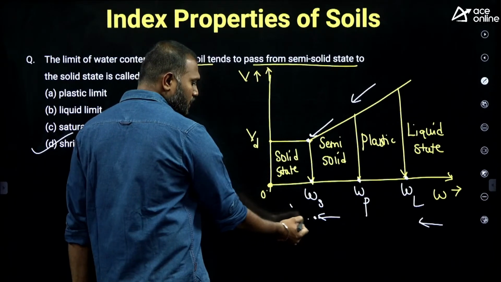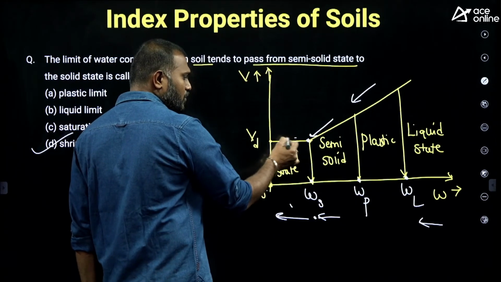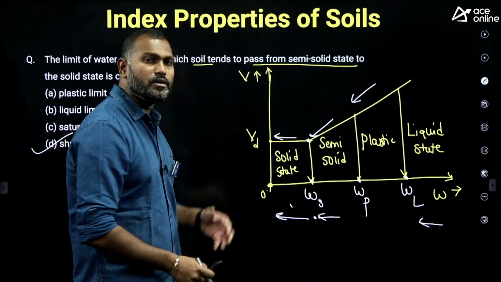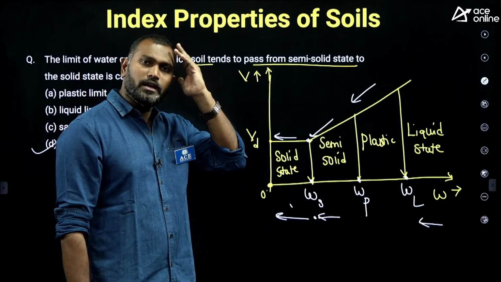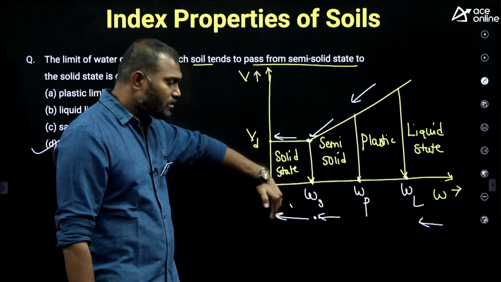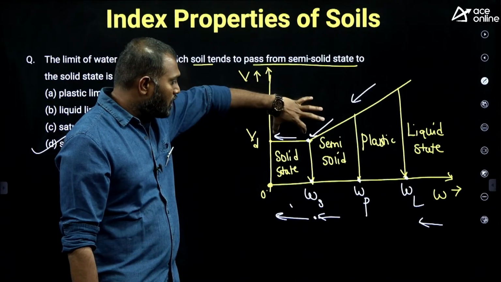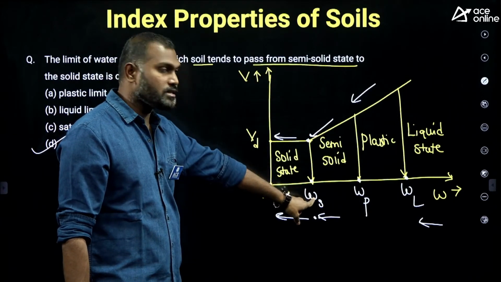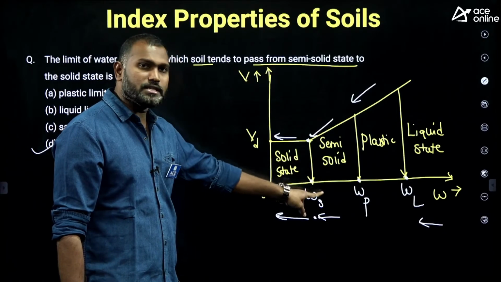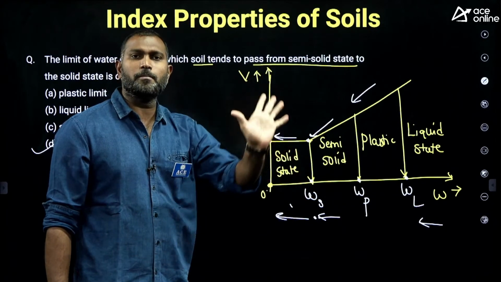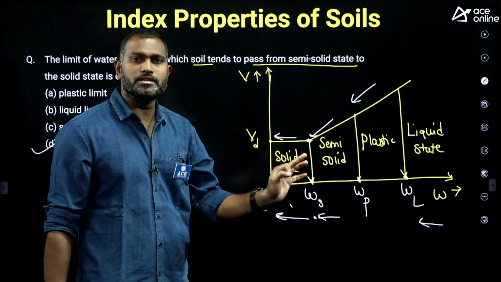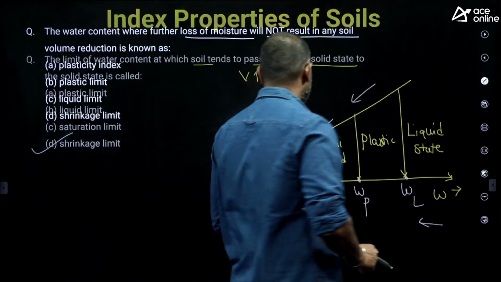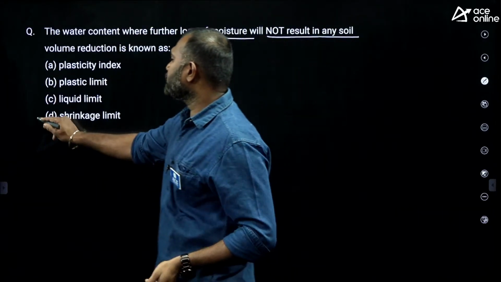If I lower the water content less than the shrinkage limit, what about the volume? No change in the volume. So the moisture content at which further reduction in moisture content will not cause any change in volume is the shrinkage limit. From shrinkage limit onwards, if you reduce the moisture, it will not cause any change in the volume. Now the correct answer goes as shrinkage limit.